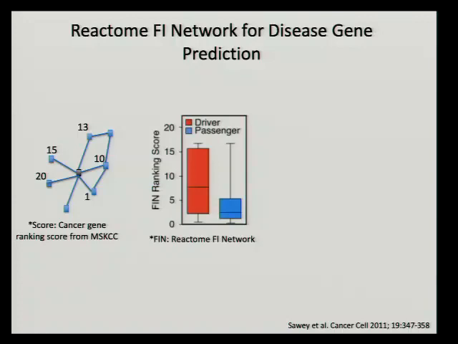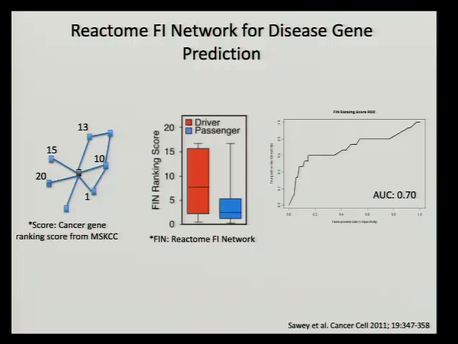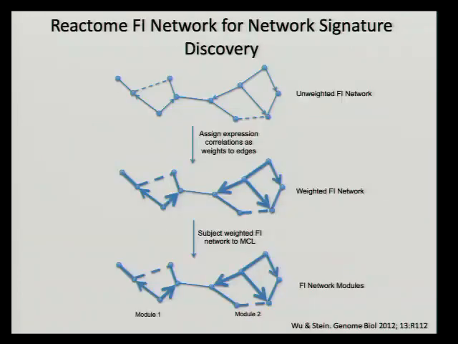Then we compare the original positive data set and the random data set and find that driver genes have a higher average ranking. Based on this, we can develop a machine learning approach to predict if a gene is disease-related or not. So this is just a simple example.